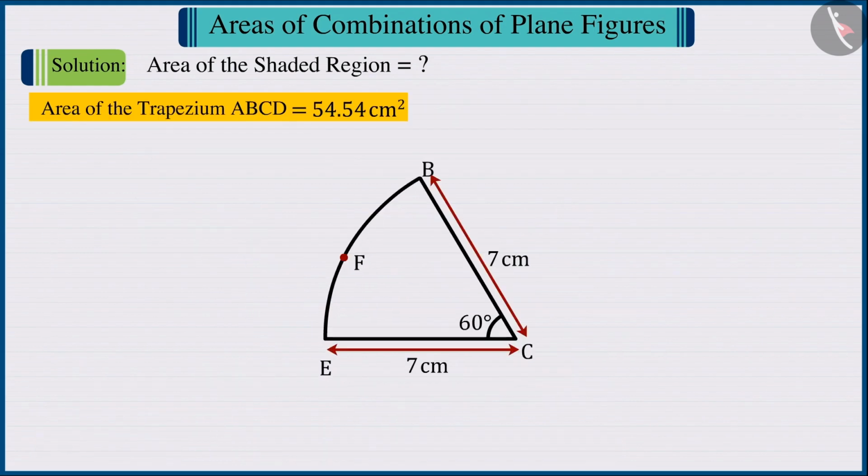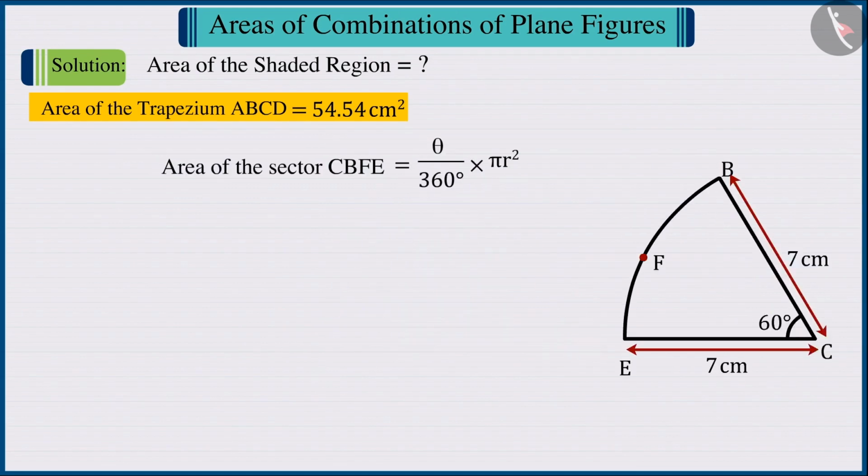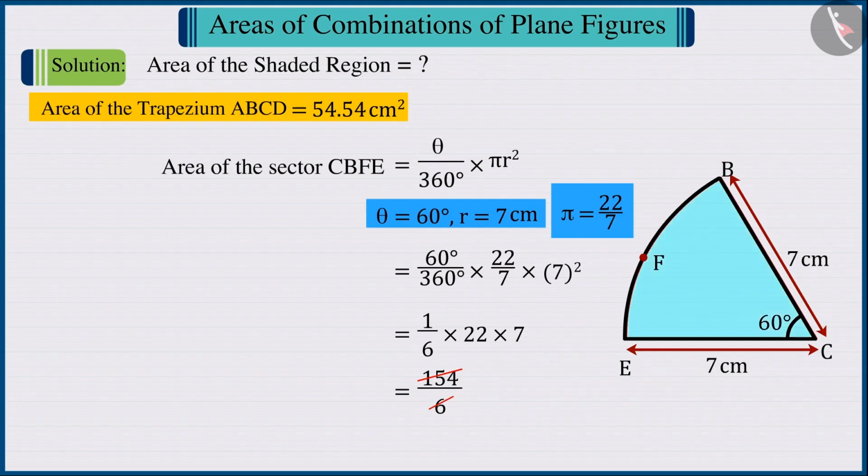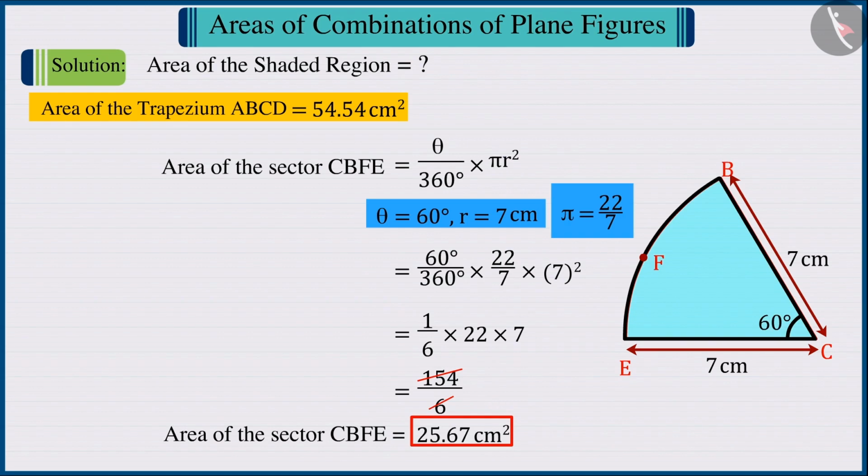Let's now focus on the sector CBFE. Substituting the value of theta as 60 degrees and the measure of radius as 7 cm in the formula for the area of a sector, we find the area of the sector CBFE as 25.67 square centimeters.